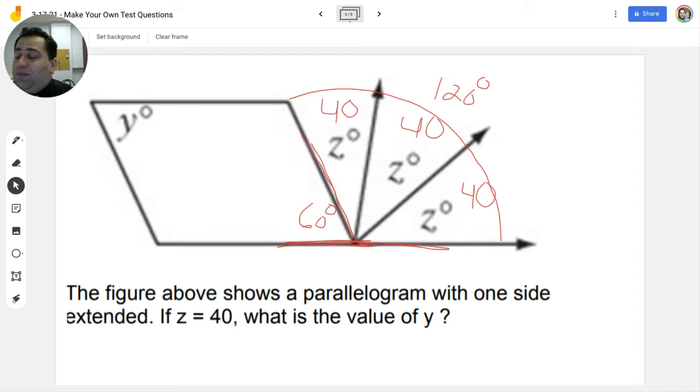Now I have to remember a property of parallelograms, right? In a parallelogram, opposite angles are equal. So if opposite angles are equal and y is opposite 60 degrees, I know that y is also 60 degrees.